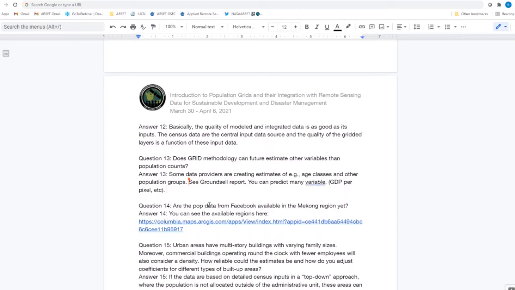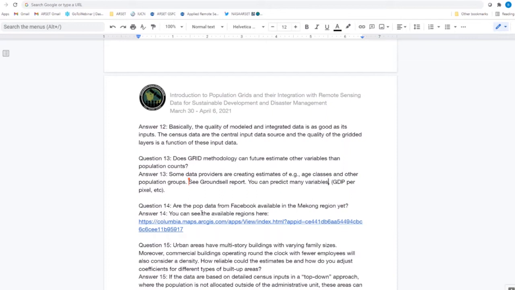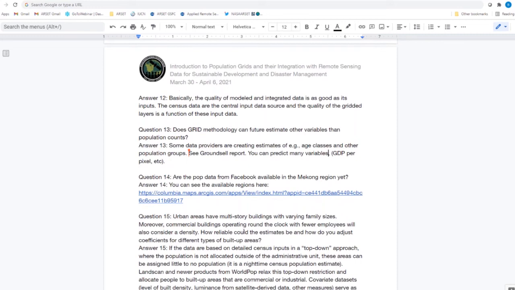And pretty much any count-based variable on an administrative unit could be approached in the same way, where you look at the covariates or a simple dasymetric or areal weighting method to distribute whatever count data you have on administrative units to pixels. It's possible for any of those types of variables.